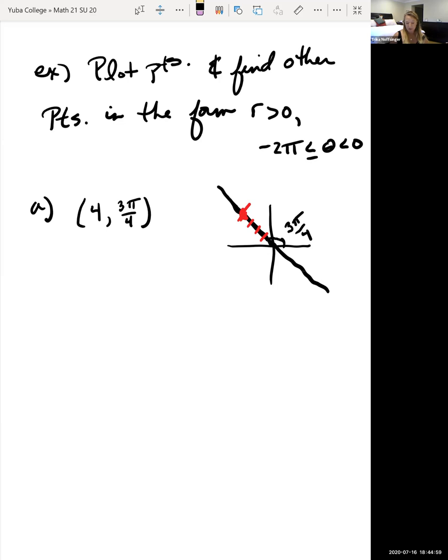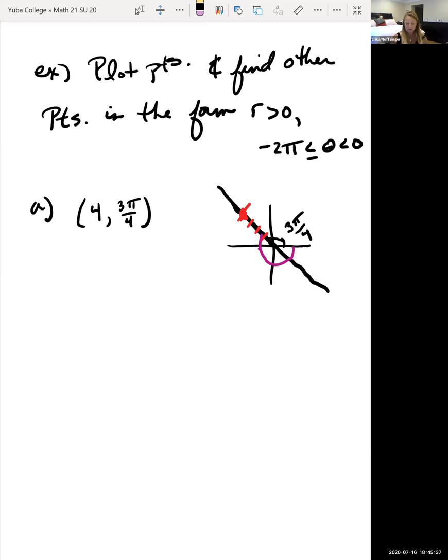So for the other ones we have to find, it says our angle is between -2 pi and 0. That's telling me that it wants me to rotate in the opposite direction, and it wants my R value to be positive. So I can't go down here and then put a -4 and go up. I'm going to need to rotate in this direction. This is pi, and I need to figure out the distance from the negative x-axis up to this terminal side.